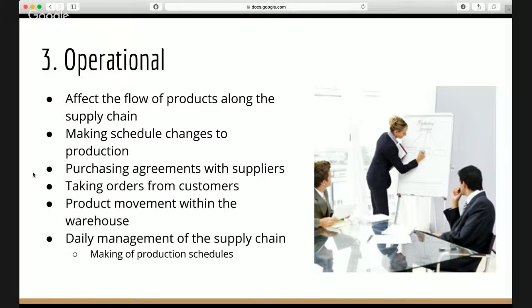It's more the logistics as well as the ins and outs of purchasing between the clients, customers, or consumers and the actual operational team. And these are the daily management of the supply chain, so making the schedules, assessing the inventories, whatever it may be. These are where the daily oversight of the supply chain occurs with these operational activities.